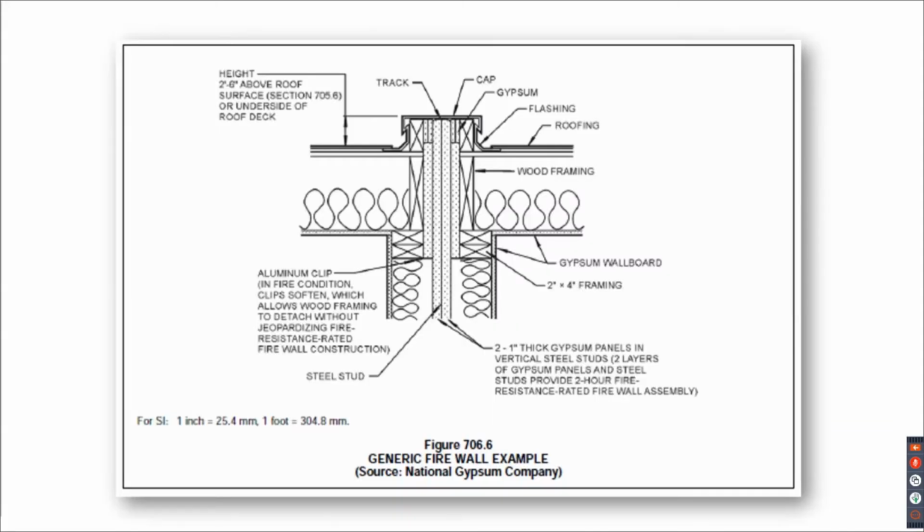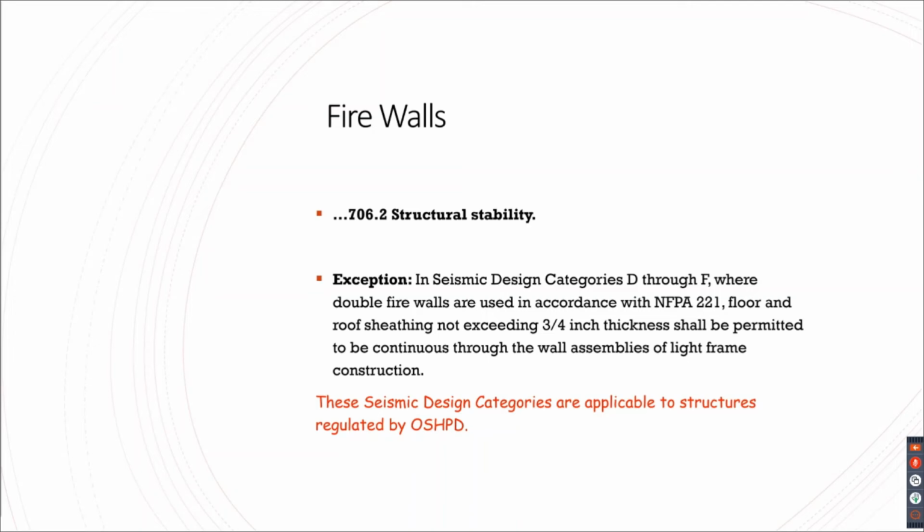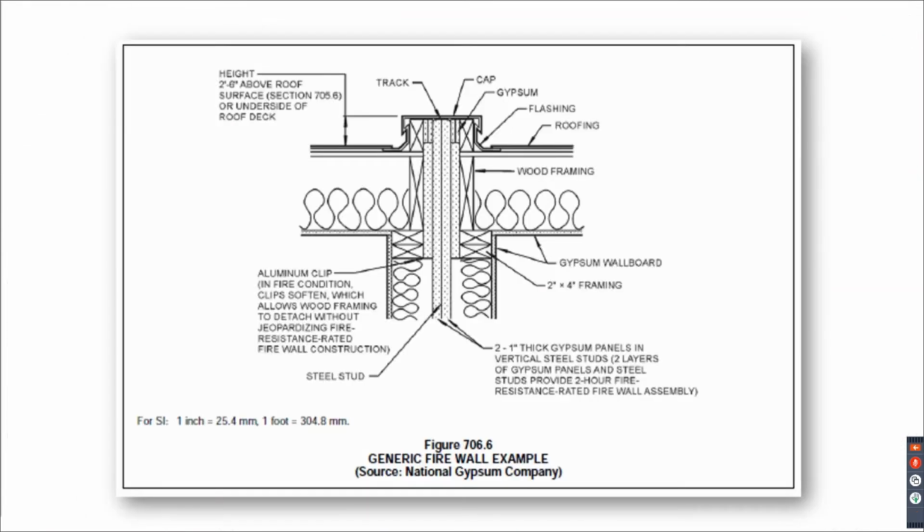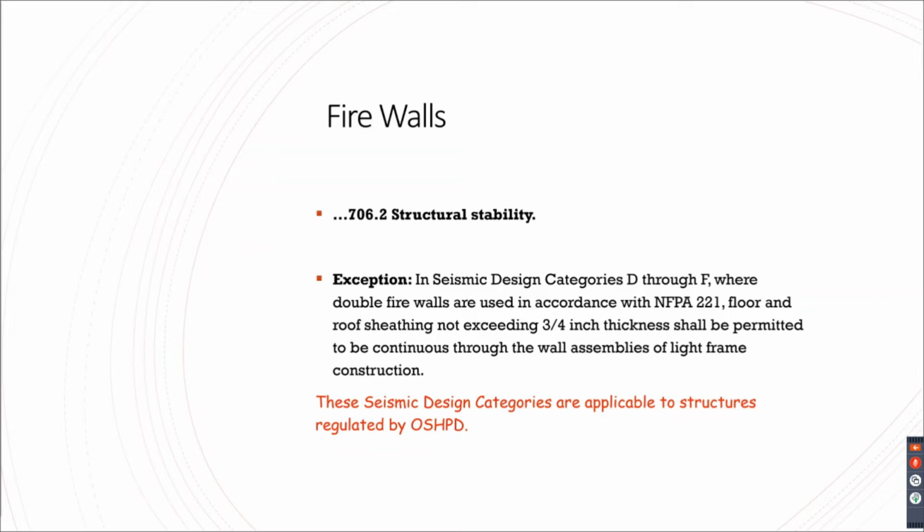And another old school example, generic firewall example. Again, these are just from resources that you can, I'm sorry, I didn't name that one. This is from the National JIP, but there are all kinds of resources out there to look at. And then of course, call us with questions too.